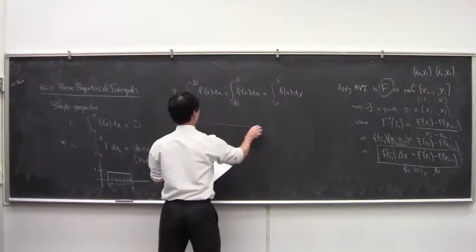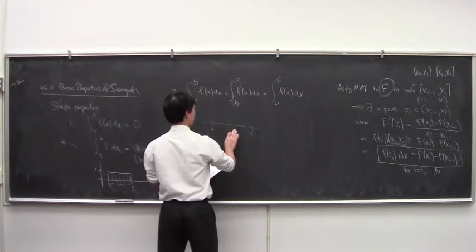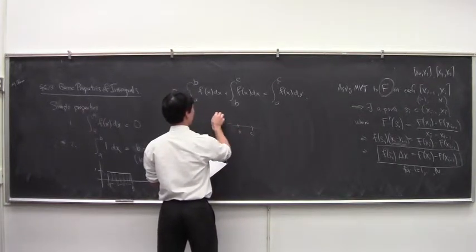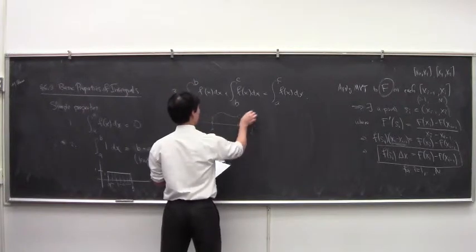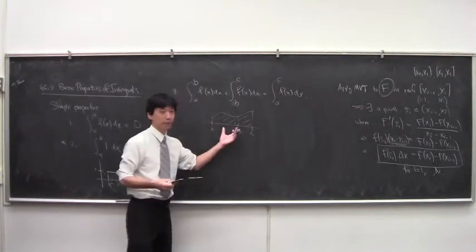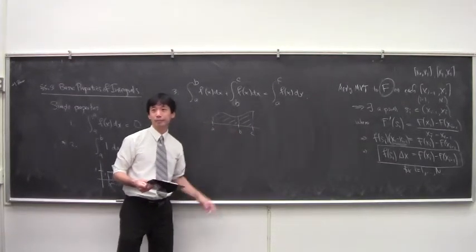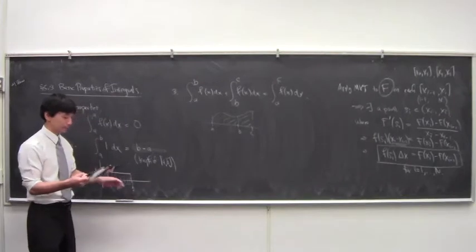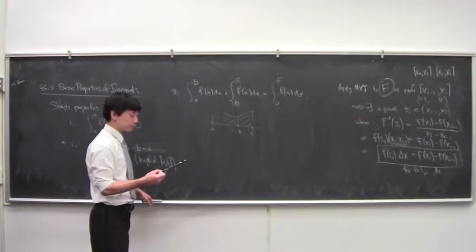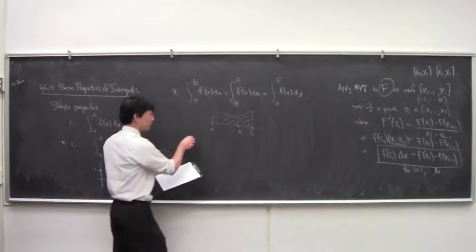All this is saying is that you have 3 points a, b, c, and you have one function like this, and the integral over this part plus the integral over this part is the integral over the whole interval AC.